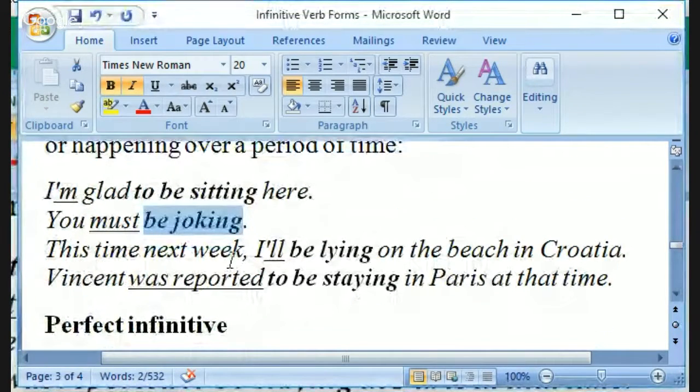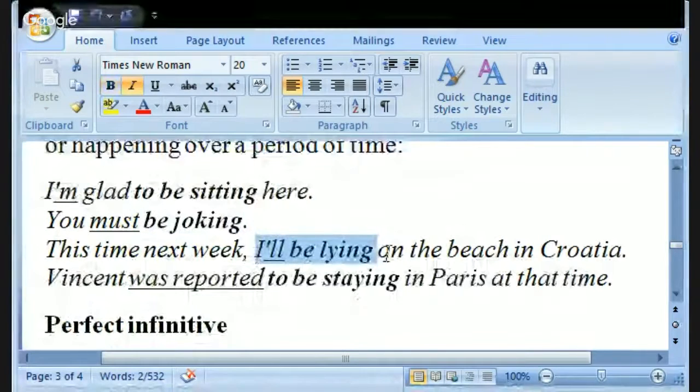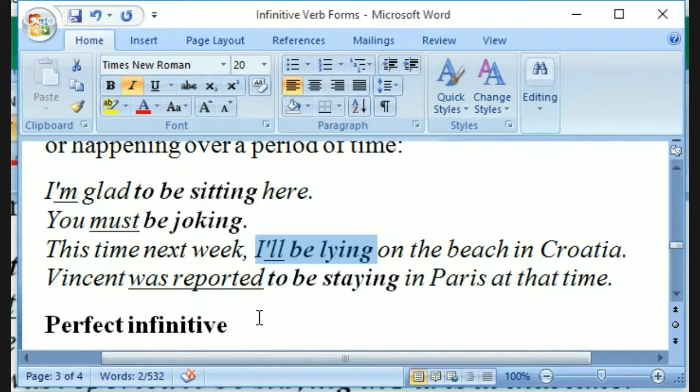Future tense, again, looks exactly like a future continuous. However you want to think about it, it's the modal will plus the infinitive form, or just normally we think of that as the future continuous. It's the same thing though.